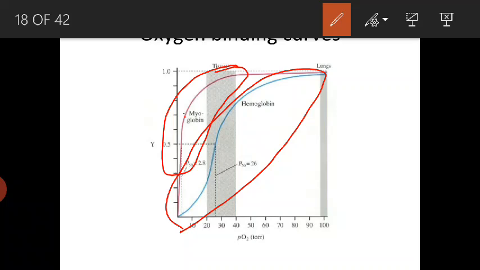That means hemoglobin binds to oxygen at higher partial pressures, whereas myoglobin can easily bind to oxygen at lower concentrations or lower partial pressures of oxygen.